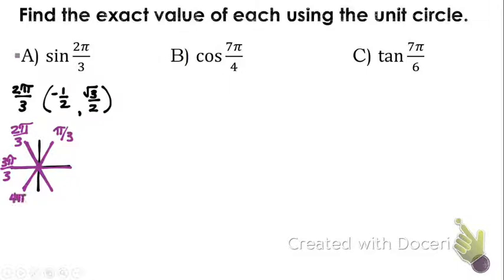So down here would be 4 pi over 3, 5 pi over 3, and I end over here at 6 pi over 3, which reduces. So as you're going around your unit circle to do your over 3s, you're going to be by the y-axis. 1, 2, stop here, do 3, 4, 5. So what's the sine value of 2 pi over 3? Root 3 over 2. Because sine is the y value.